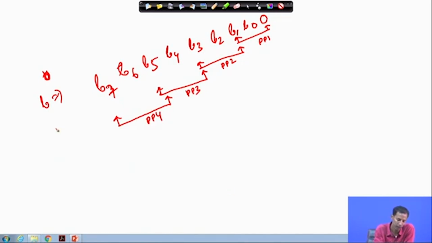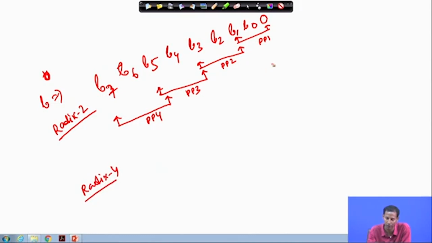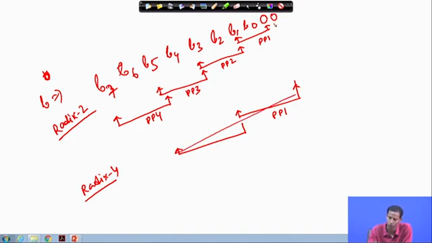But this is the case of radix 2. In case of radix 4, what will happen? I have to consider 4 bit. So at that time what will happen? This is PP1, and again this will be starting from this, not actually this, at the time I have to add 2 0 over here.